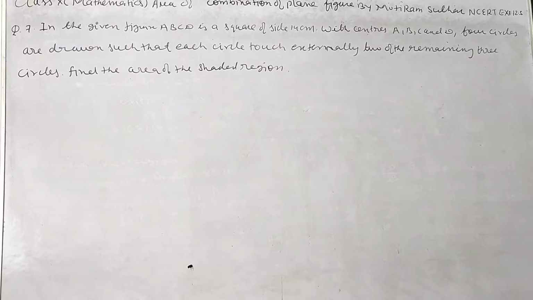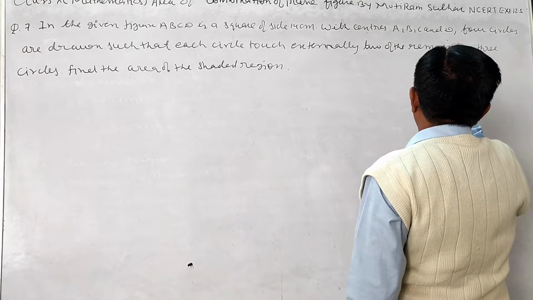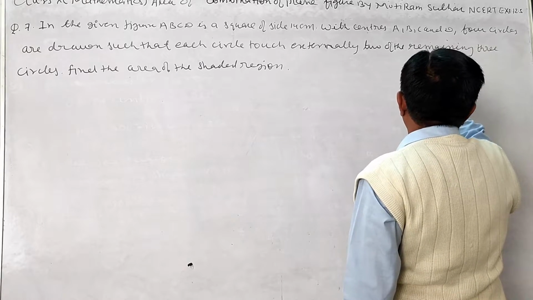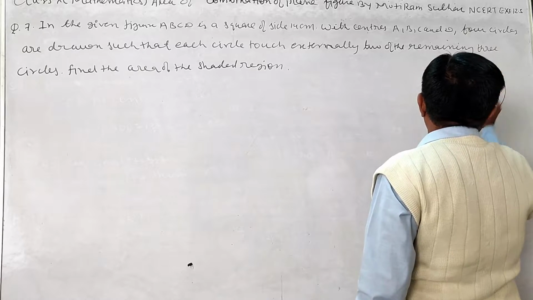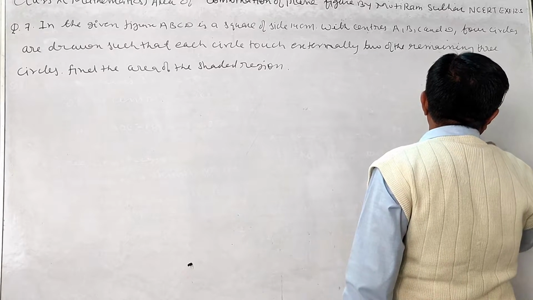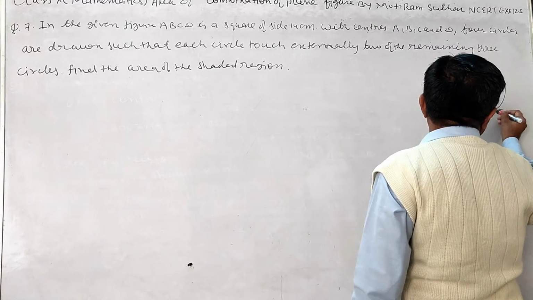next problem. In the given figure, here student we are given a figure. A square is given in which 4 circles are touching each other.